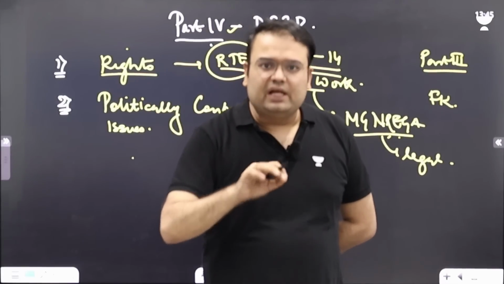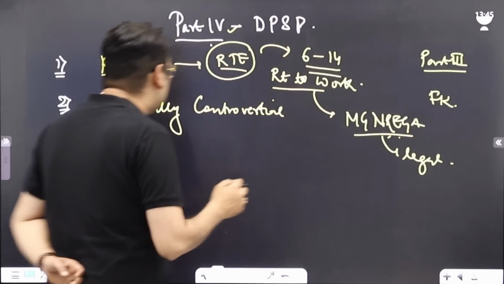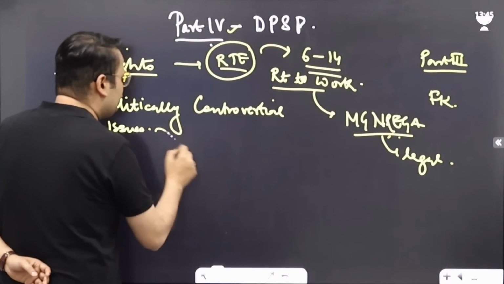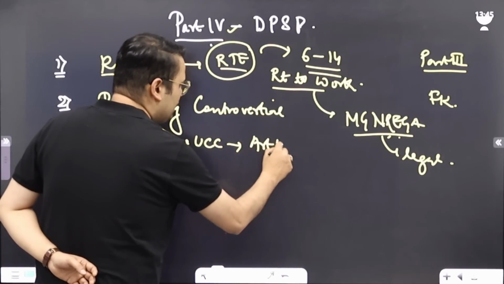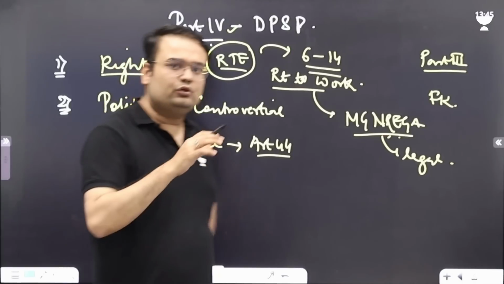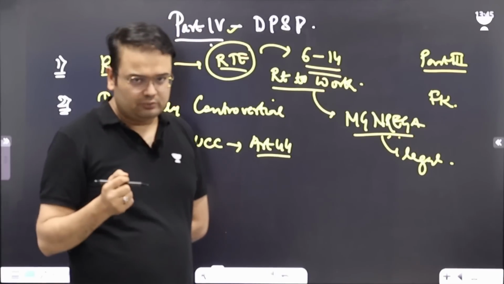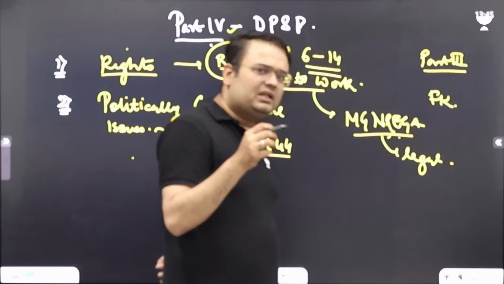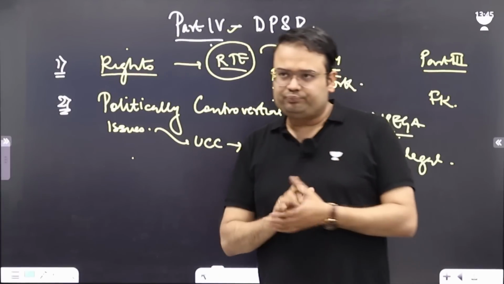Work towards ensuring that UCC is a goal for the future. So we decided a politically controversial issue like UCC can be kept in DPSP under Article 44. And the state will endeavor to establish an environment where a uniform civil code can actually be created as a justiciable part of the constitution.